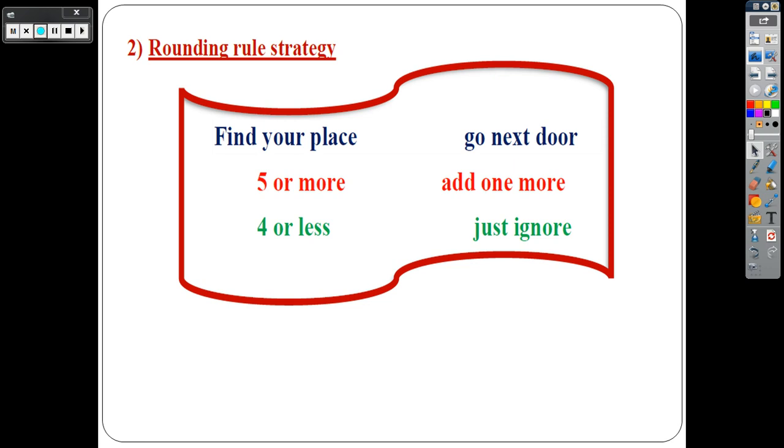The rule says: find your place, go next door, 5 or more, add 1 more, 4 or less, just ignore.